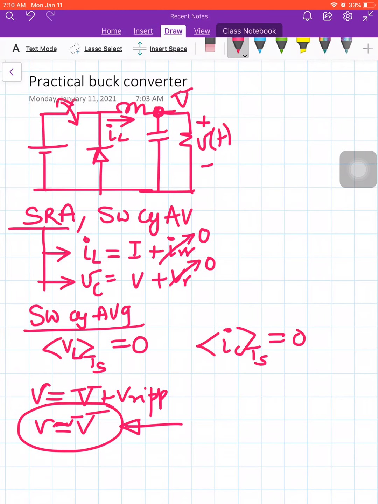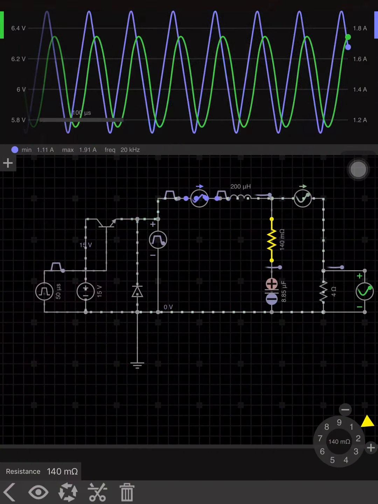Then we are actually ignoring the dynamics of this capacitor in the first place, right? So we'll see whether it is reasonable or not through a simulation.